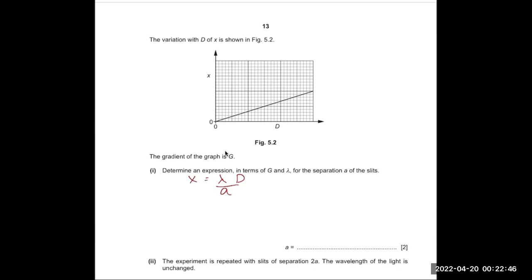So what is the gradient of this graph? The gradient of the graph can be expressed in two ways. One method is you say, this is my y-axis, this is my x-axis. So the gradient of the graph, g, as they've used, y is equal to mx, g, the gradient of the graph is equal to lambda over a.